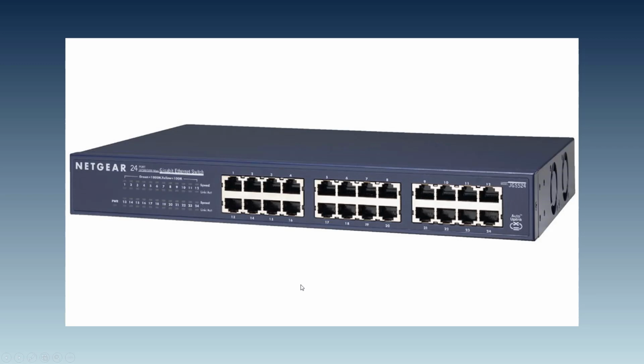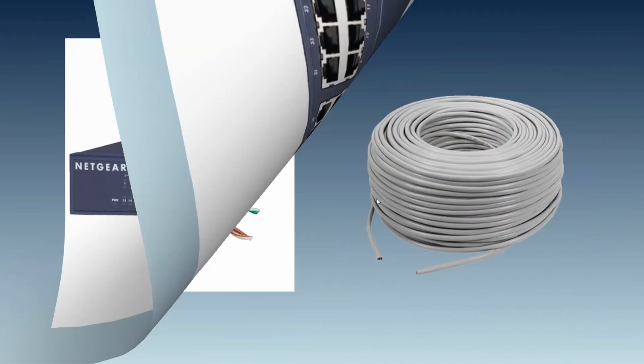This device is used to share the internet. If you have internet on one computer, you can share it with any number of computers. Like you can see here, 24 ports are here. These are called Ethernet ports, used to connect the Ethernet cable, and with this system 22 other computers can access the internet. This is what we call a switch.